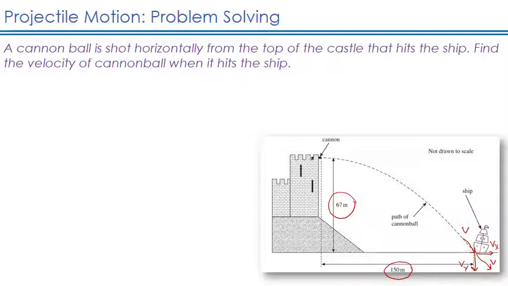So we can find v by using vectors, components of the velocity. It means what is required is vx and vy.